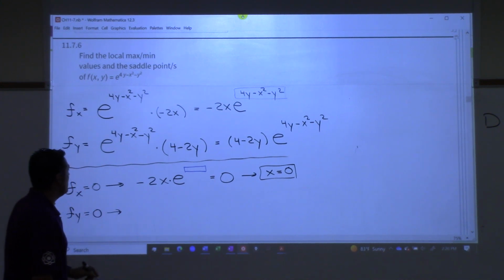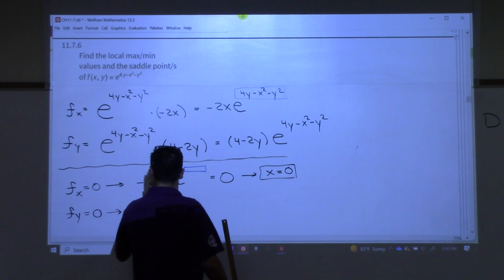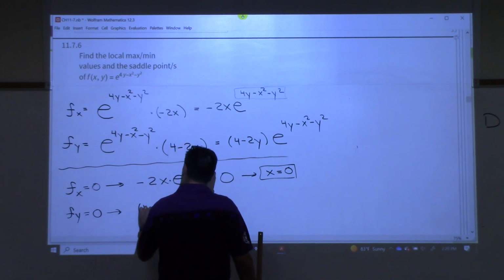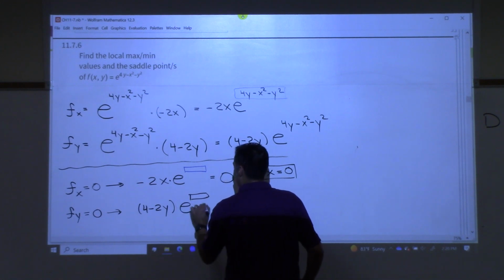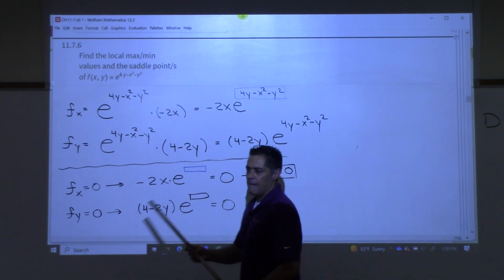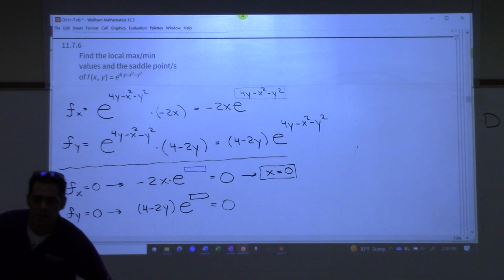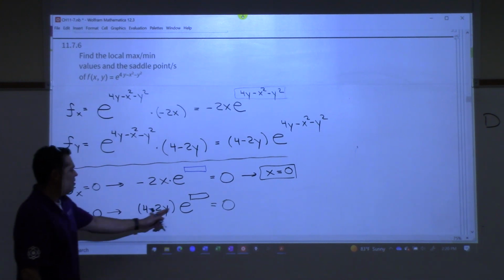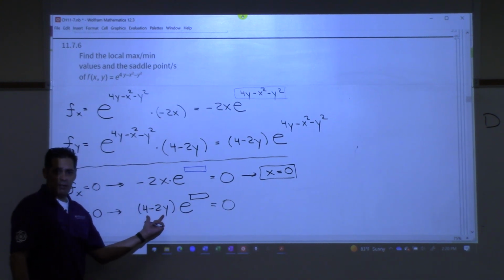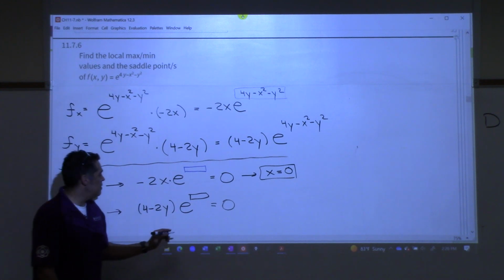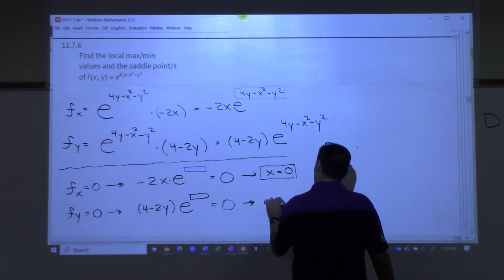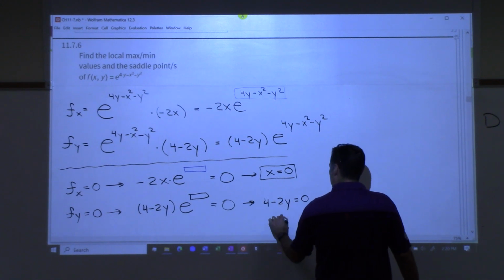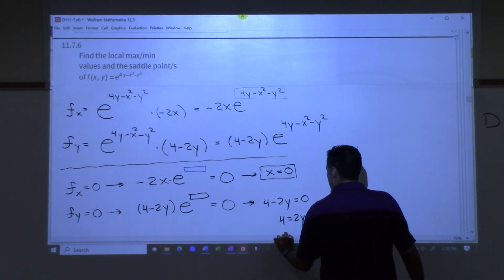So if we do the same thing for the second one, we're setting 4 minus 2y, e raised to that junk, equal to 0, then the same principle applies: the only thing that makes that 0 is if this in front is 0, right? So that would mean that 4 minus 2y equals 0, which means that 4 equals 2y, which means that 2 equals y.